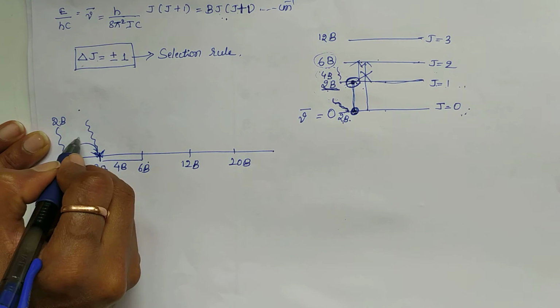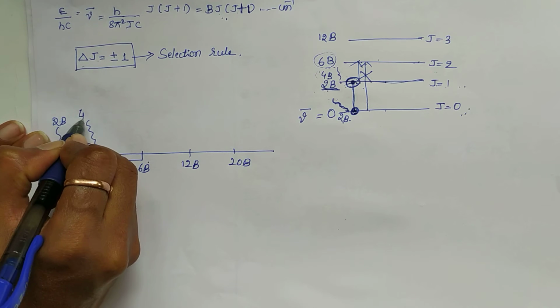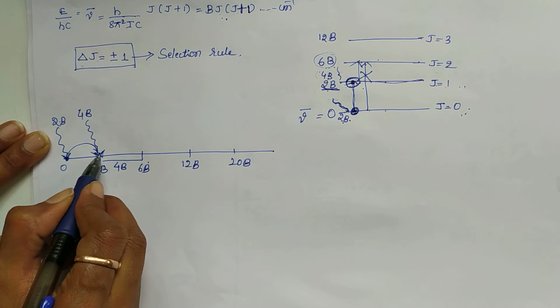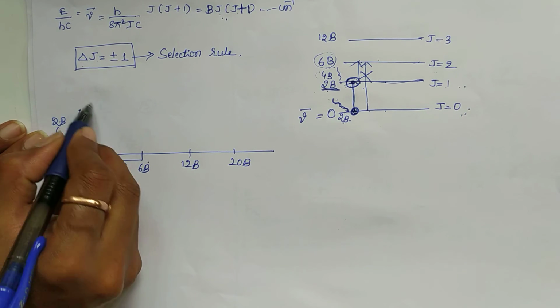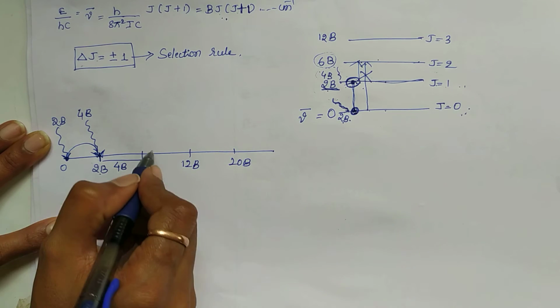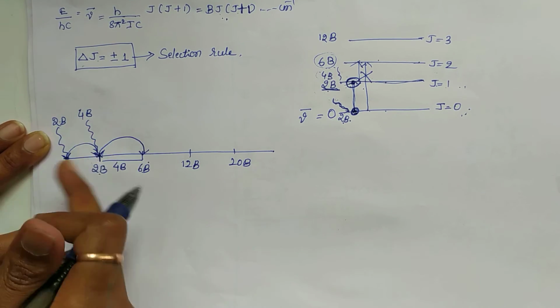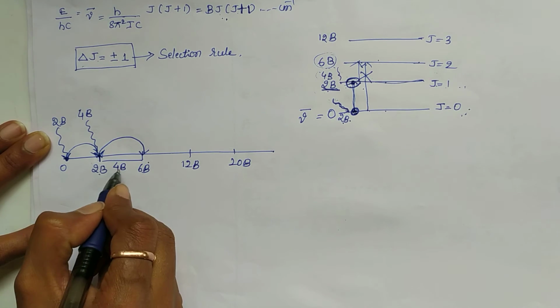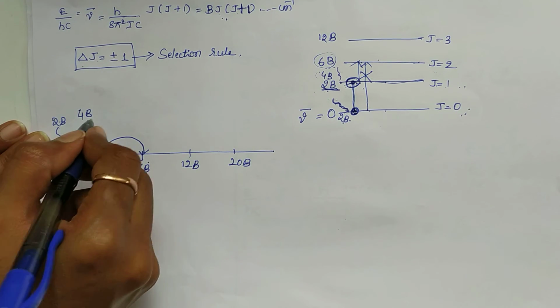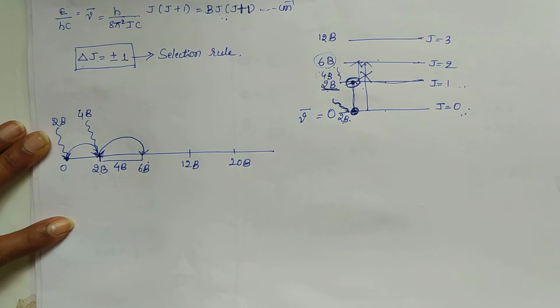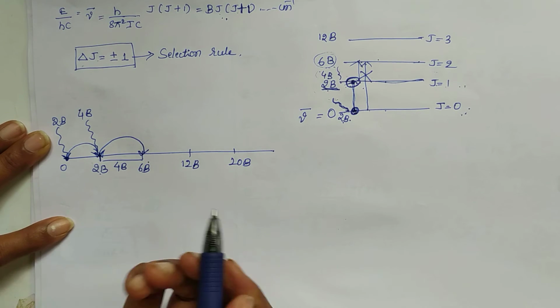So we have to send an electromagnetic wave having the energy 4b. It already has 2b, and if you send an electromagnetic wave of energy 4b, it will go to the next energy level.